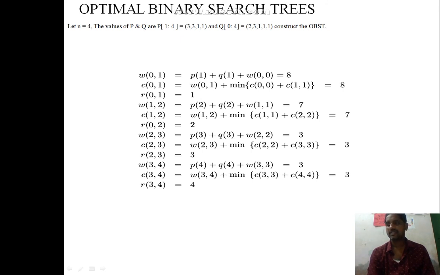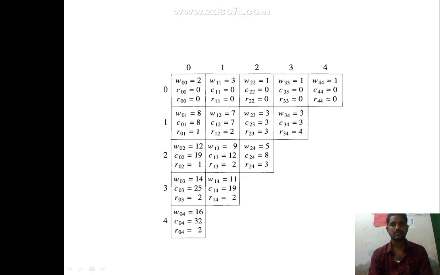So W of i comma i equals Q of i, that is Q of 0, Q of 1, Q of 2, Q of 3, Q of 4. So W00 is Q0, W11 is Q1, W22 is Q2, W33 is Q3, W44 is Q4. Initially C00, C11, C22, C33, C44 are 0, and R00, R11, R22, R33, R44 are 0.